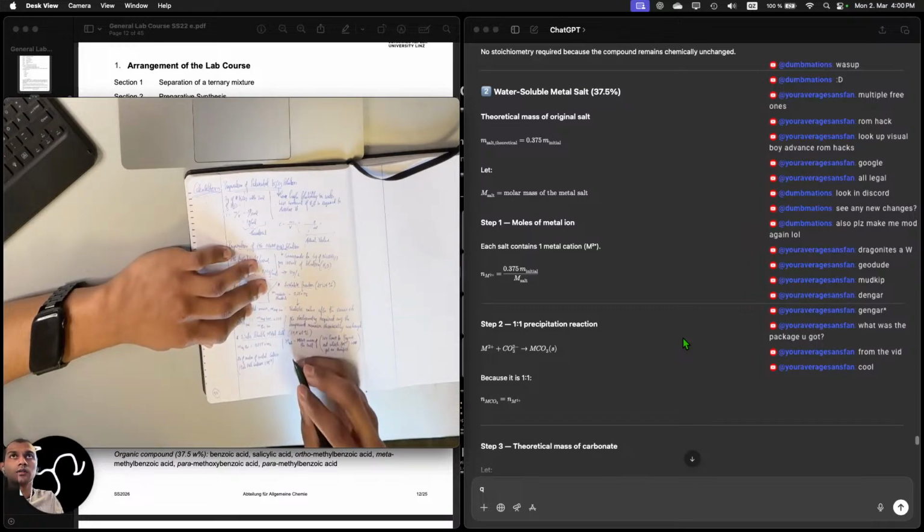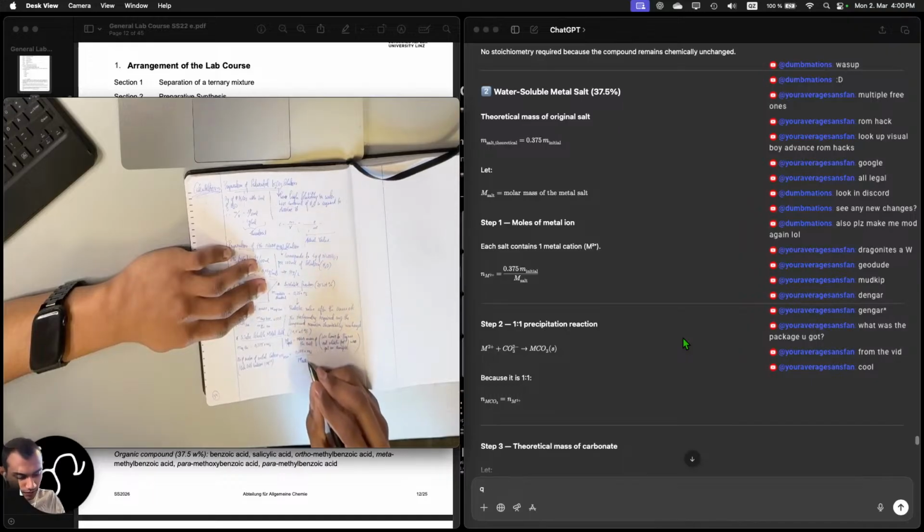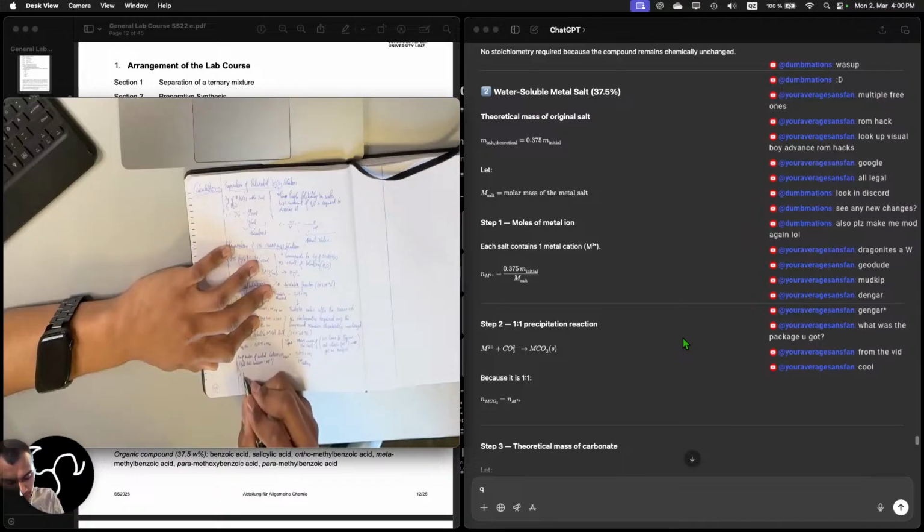And M2+, right? Equals 0.375 m initial divided by M salt. Aq salt, right? 1:1 precipitation reaction.